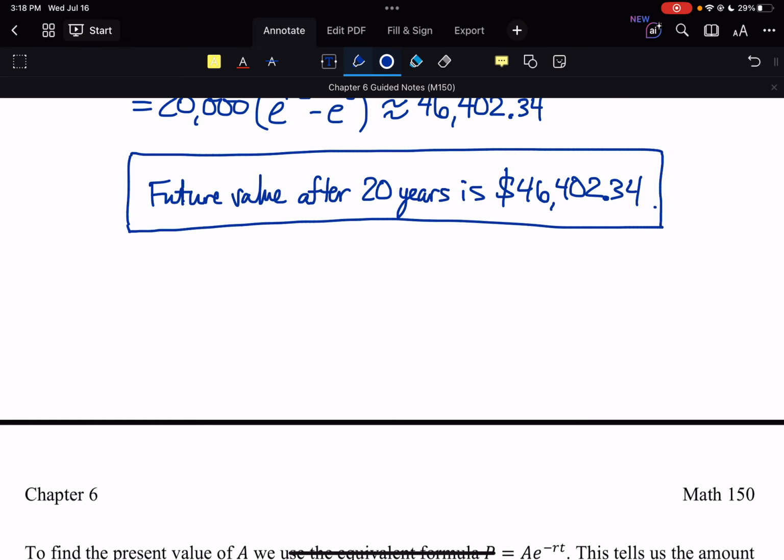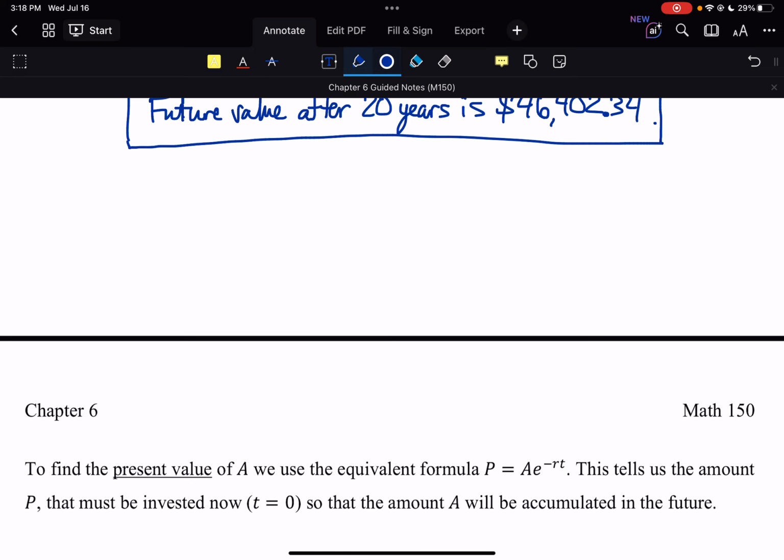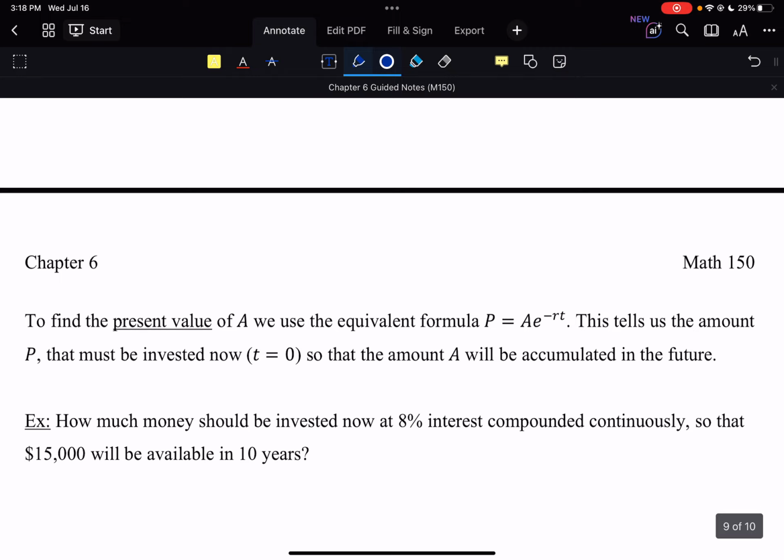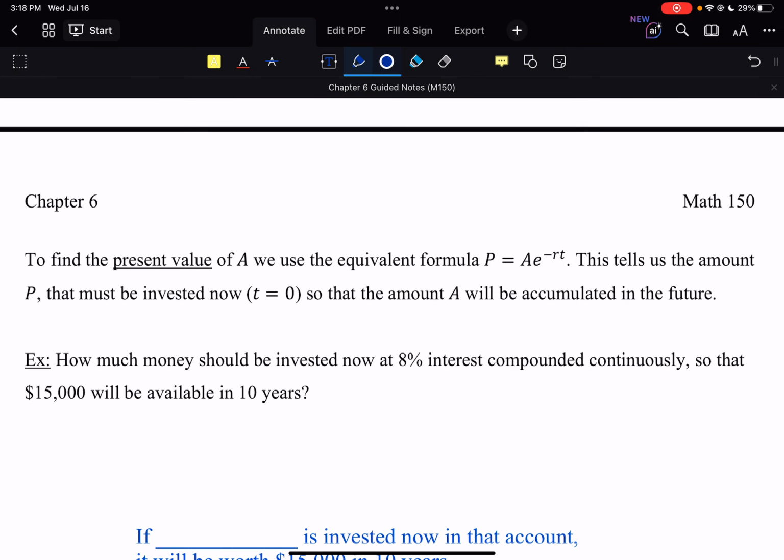Right. So in addition to future value, we can also talk about the concept of present value. To find the present value of A, we use the equivalent formula, P equals A e to the negative RT.